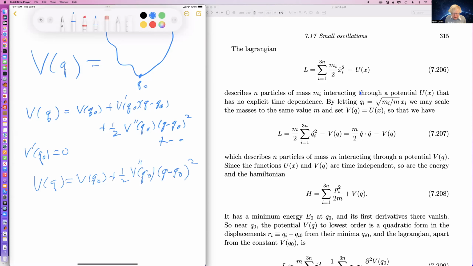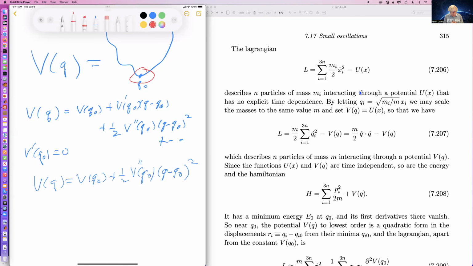So what this is saying is that if you have a problem in one variable, an arbitrary potential, it is very hard to analyze. But if you look at it near its minimum, assuming it has a minimum, and of course assuming Q is smooth, so we have derivatives that are smooth and so forth, then near the minimum around Q0, it's simply quadratic.